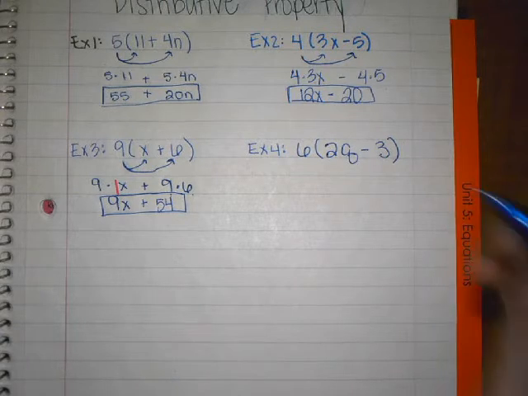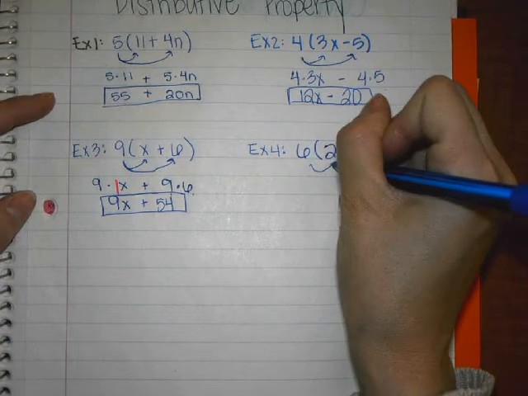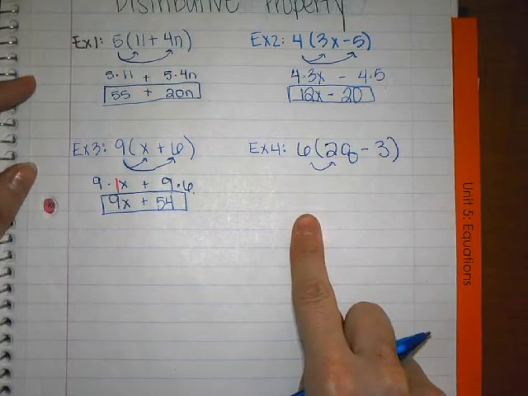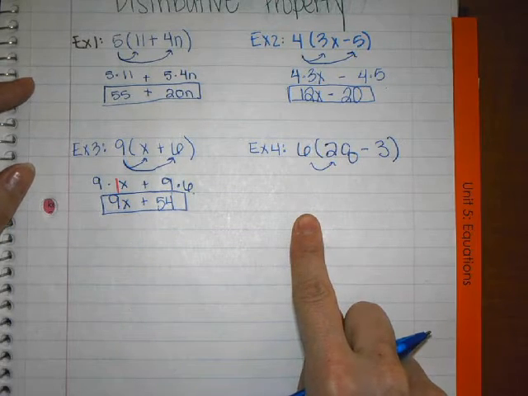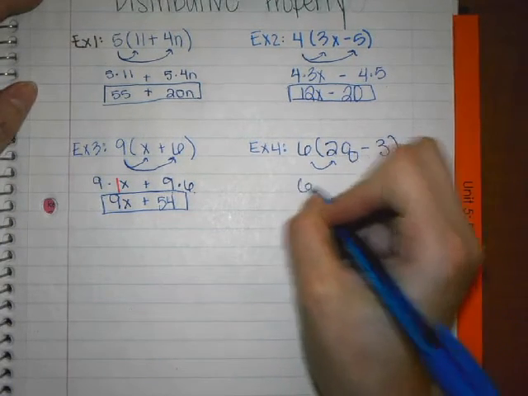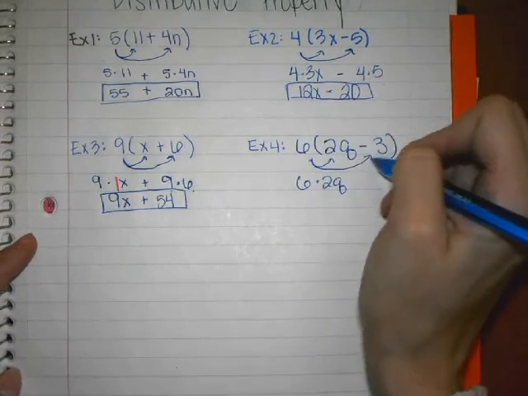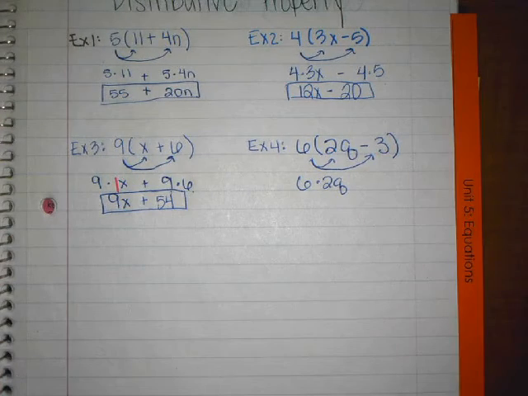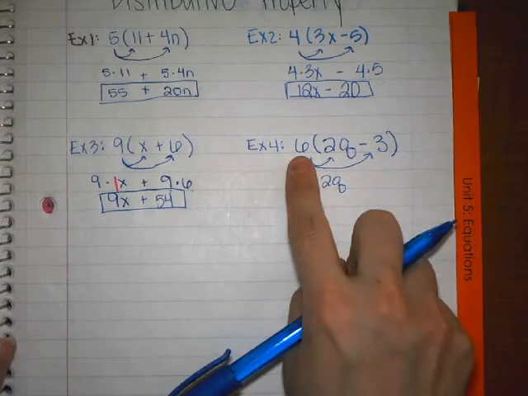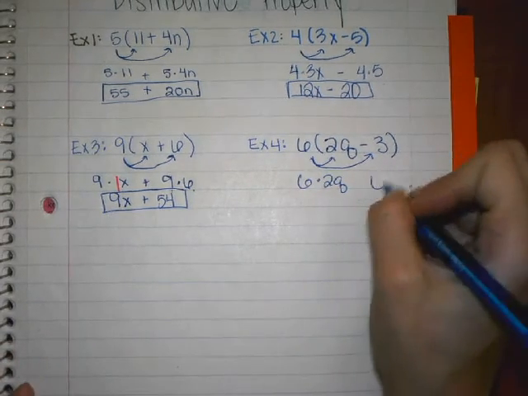All right, so remember, we draw those arrows, and what's that first arrow mean that I'm going to write? What am I multiplying together? 6 times 2q. Draw your second arrow. What am I multiplying together, guys? 6 times 3.